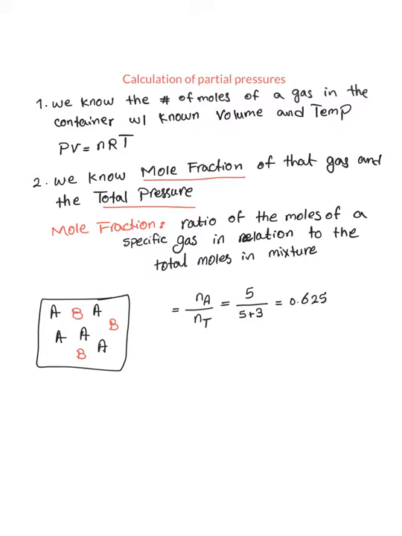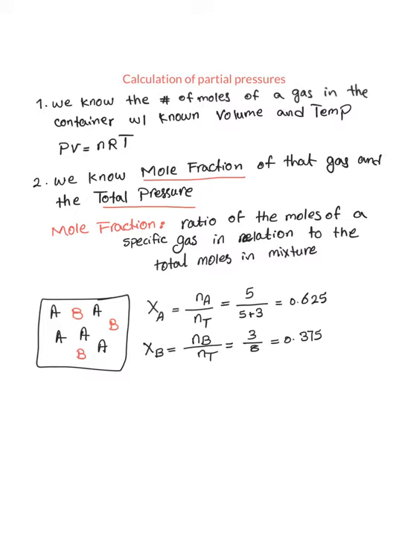And we show that as XA, which is the mole fraction of component A in the mixture. To calculate the mole fraction of component B, you have two ways. One is dividing the number of moles of B by the total number of moles, which gives me 3 divided by 8, 0.375.